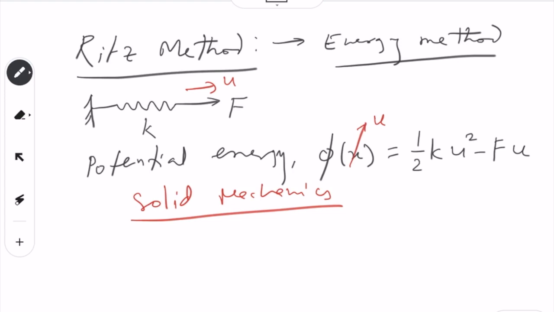Now, if you want to solve it, how will you solve it? We know that the potential energy has to be minimum.